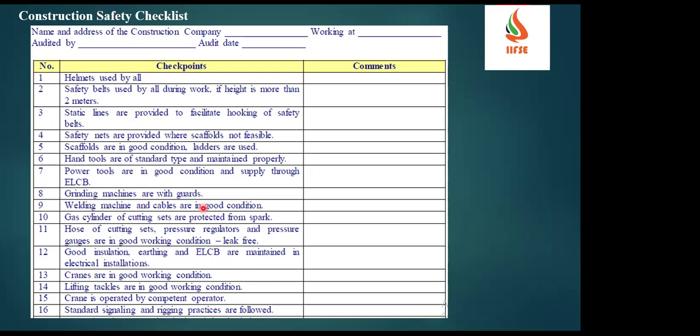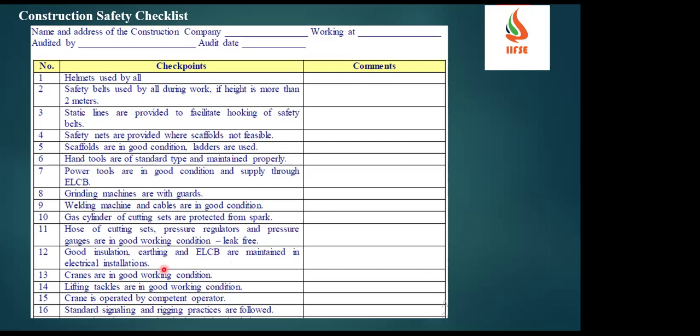Power tools are in good condition and also supplied through ELCBs, earth leakage circuit breakers, to safeguard the people. Grinding machines are with guards, which means wheel guards. Welding machines and cables are in good condition. Gas cylinders of cutting sets are provided with flashback arrestors to protect from sparks, and the hose of the cutting sets, pressure regulators and pressure gauges are in good working condition and leak proof.